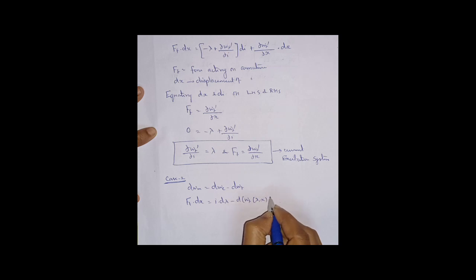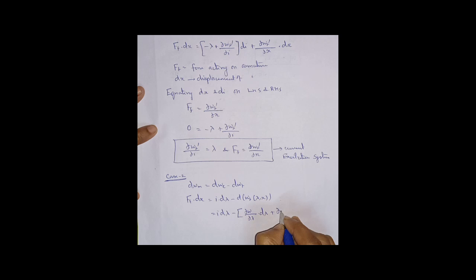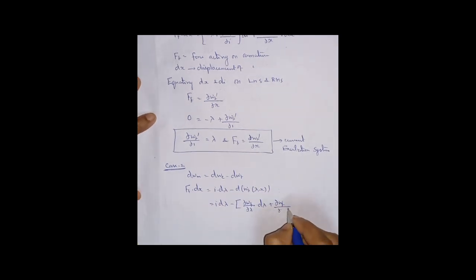Function of lambda comma x, correct? So we have i d lambda minus ∂Wf/∂lambda dot d lambda plus ∂Wf/∂x dot dx.